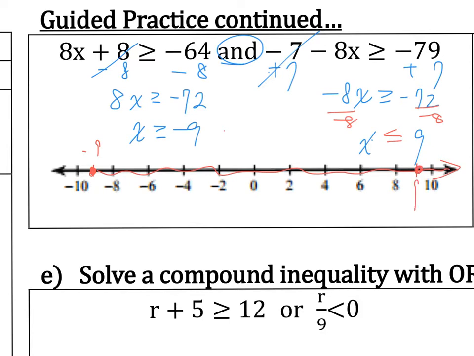So I'm going to use a different color. So then we need to just take the answer between negative 9 and 9. So your final answer will be negative 9 less than or equal to x less than or equal to 9.